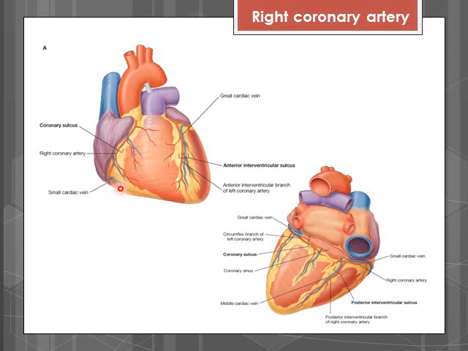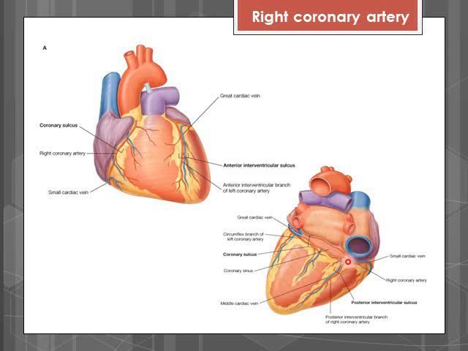The largest one is called the marginal artery. The marginal artery passes along the lower margin of the heart, reaching the apex. It is also called the acute marginal artery. The posterior ventricular branches again supply the posterior aspect of the right ventricle.